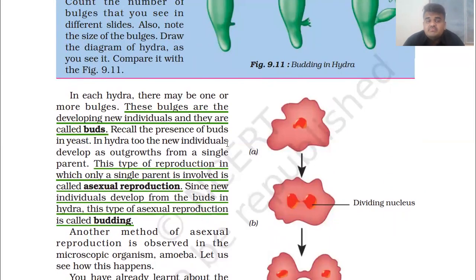This type of reproduction in which only a single parent is involved is called asexual reproduction. Here you are given one more definition of asexual reproduction. What was the first one? Just pause the video and try to recollect the first definition.